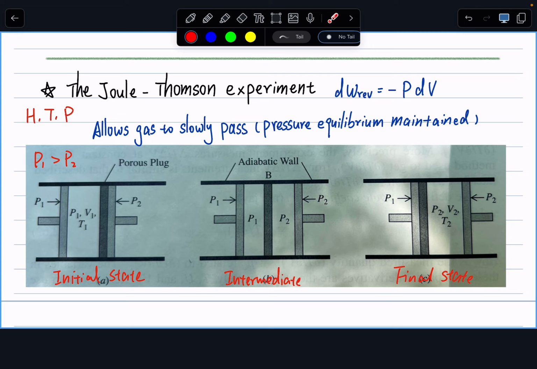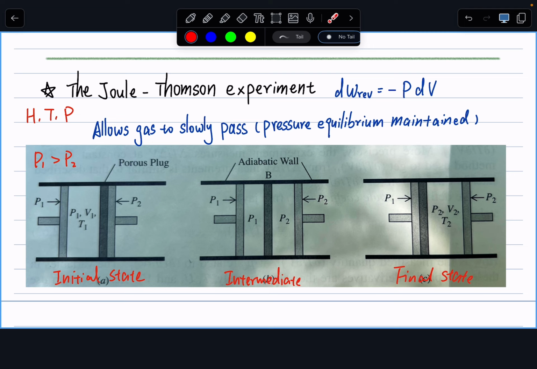All right? Now plug these two back into our original equation. Our total work is P1 V1 minus P2 V2. And next up, we're ready to use our first law of thermodynamics, right? So our delta U equals Q plus W, Q equals 0, and we have an expression for work. What do we have?